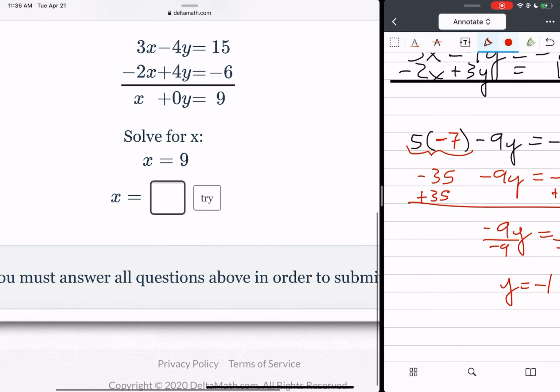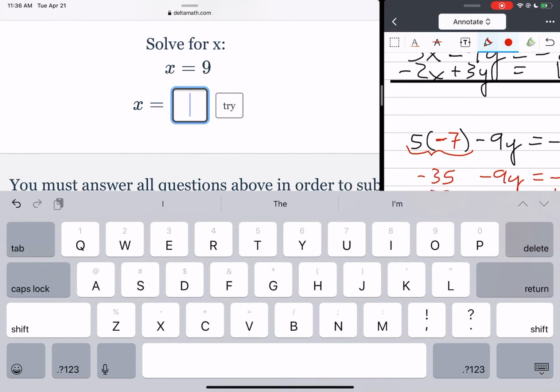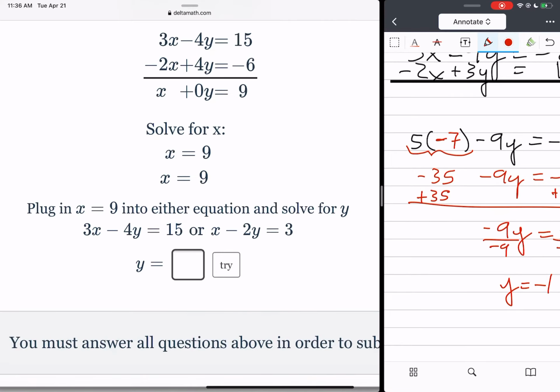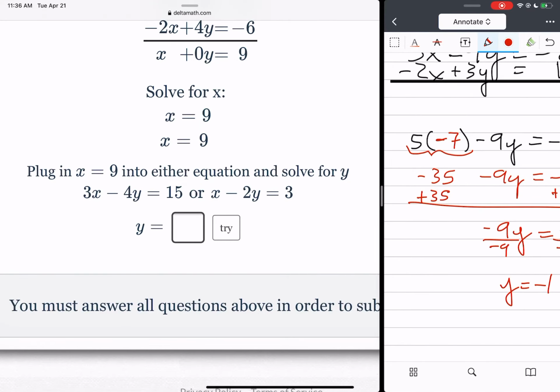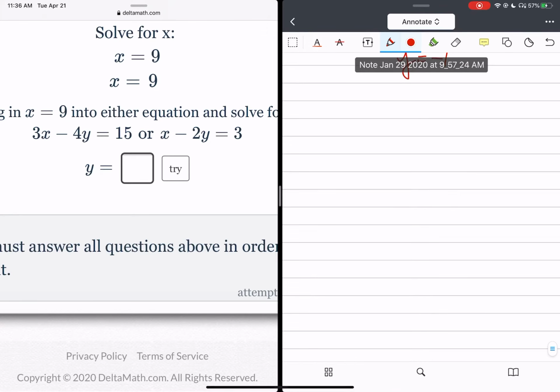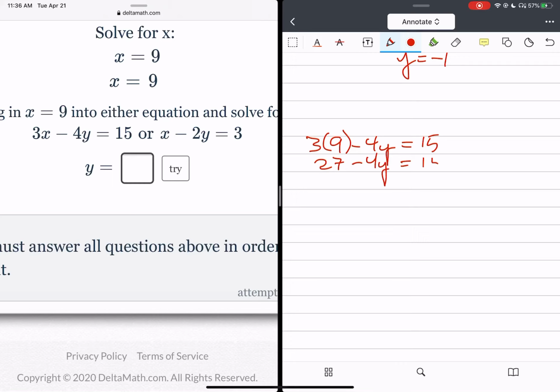This was nice because it's already solved for. And now I solve for y by substituting. So 3 times 9 minus 4y equals 15. Subtract 27 from both sides.